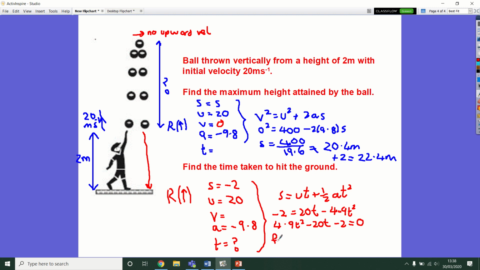So I'm just going to put formula, but you're going to write down what values have gone in. Okay, so then t equals, give me a second, I can type that in. So using the formula, 20 plus, first root is this.